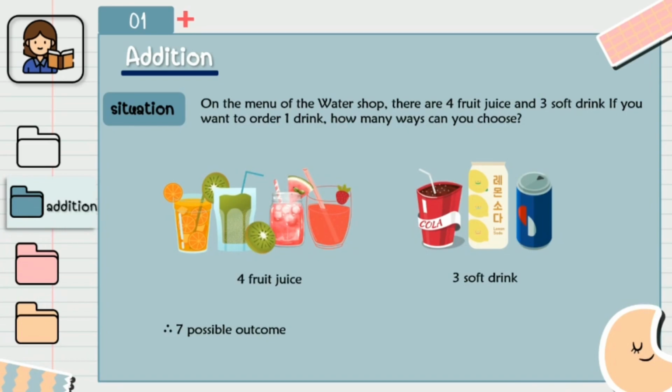Therefore, let's combine the drinks in both cases. We get 4 plus 3 is 7. So it is called the addition principle.